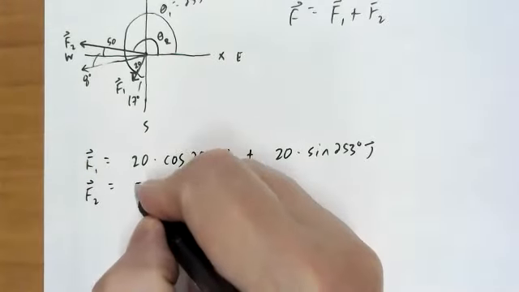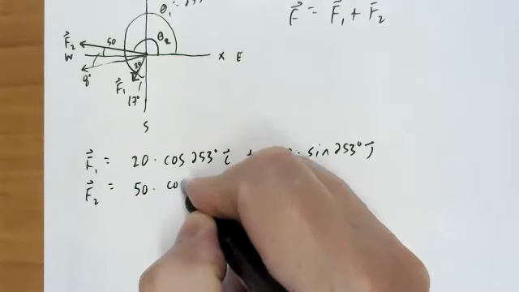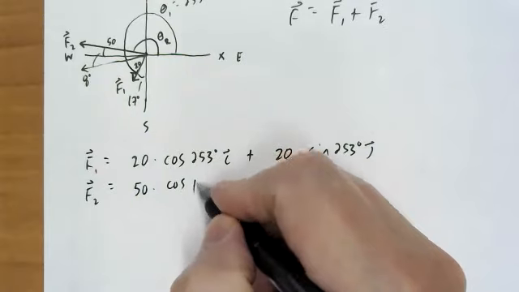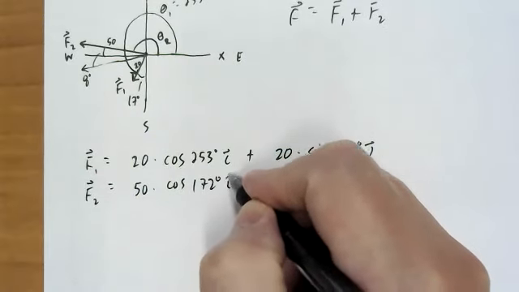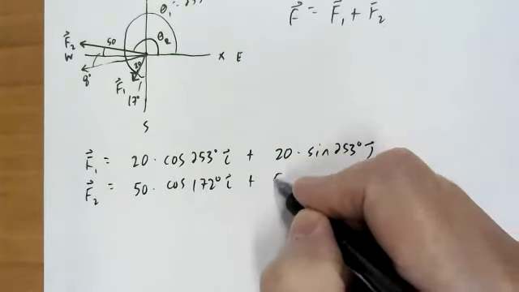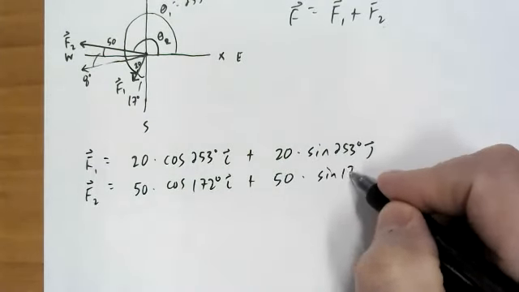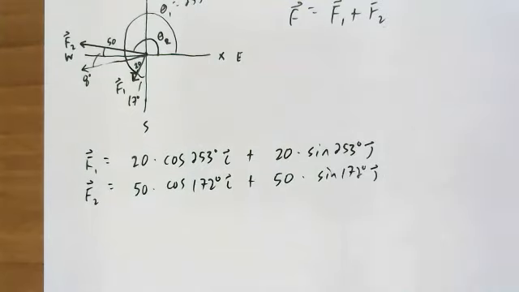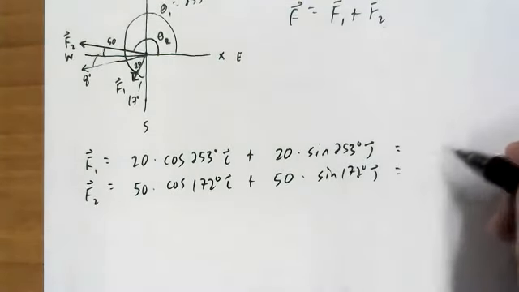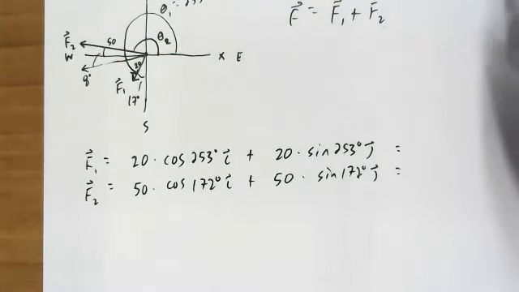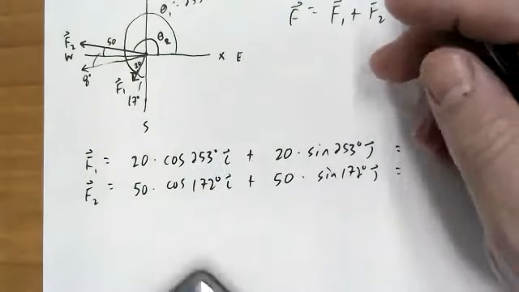Just do the same thing for the second force vector. Magnitude is 50. The angle is 172 degrees. There's the I part. Plus 50 times the sine of 172. There's the J part. So I get my calculator and do these 4 calculations.